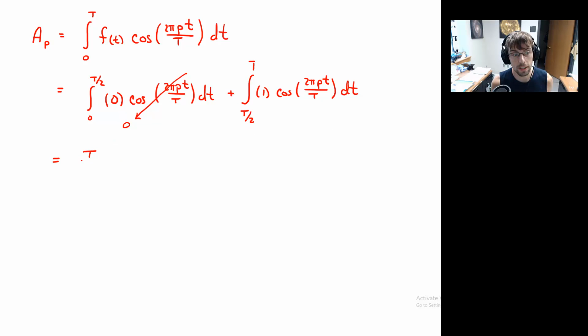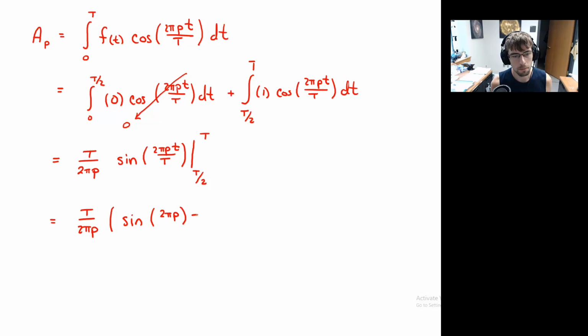And so I get T divided by 2 pi p, and the integral of cosine is sine of 2 pi p t over T. And I will have to evaluate this at the limits, T over 2 and T. Of course, now you probably see, okay, we have T over 2 pi p times sine of 2 pi p minus sine of pi p.